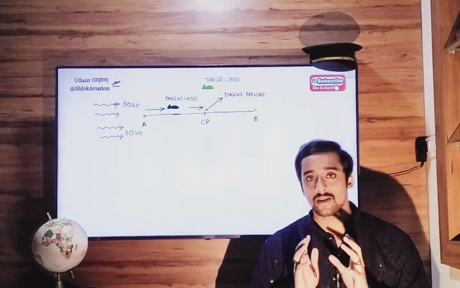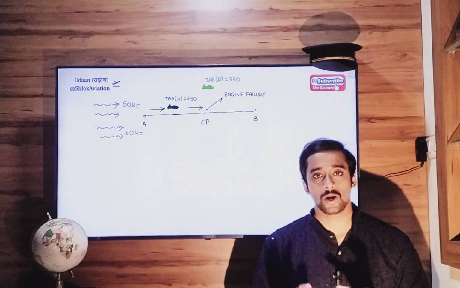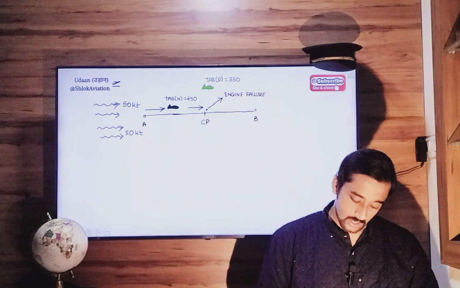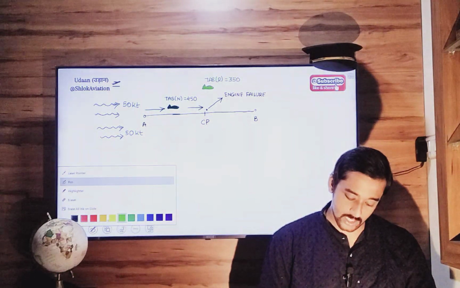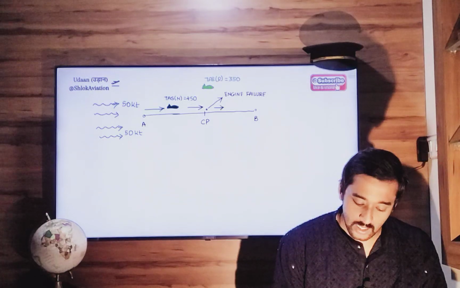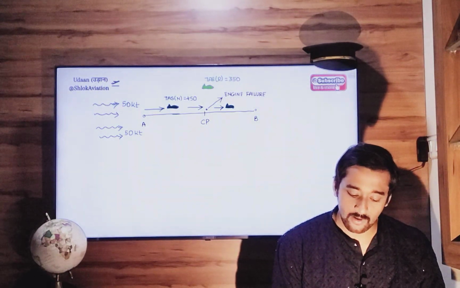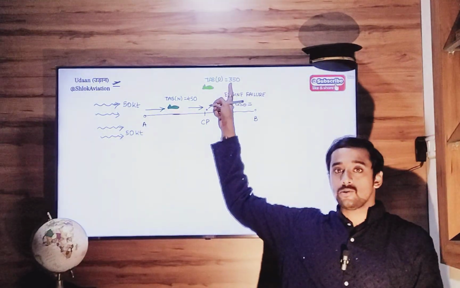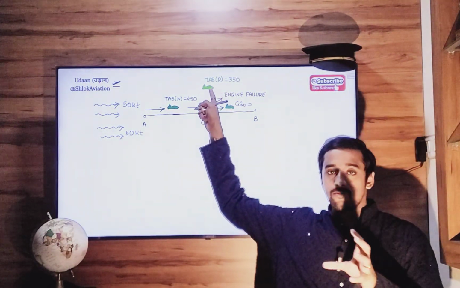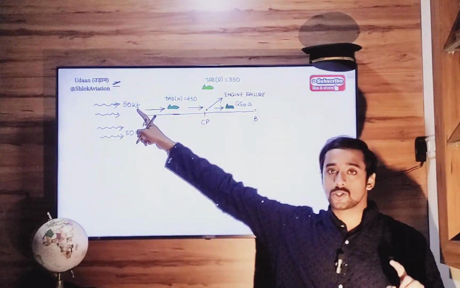The time you will require to go to the destination or to come back to your departure is going to remain the same. If you choose to continue to your destination, you will be flying with a ground speed of 350 knots, the engine failure TAS, plus 50 because you are getting a tailwind.